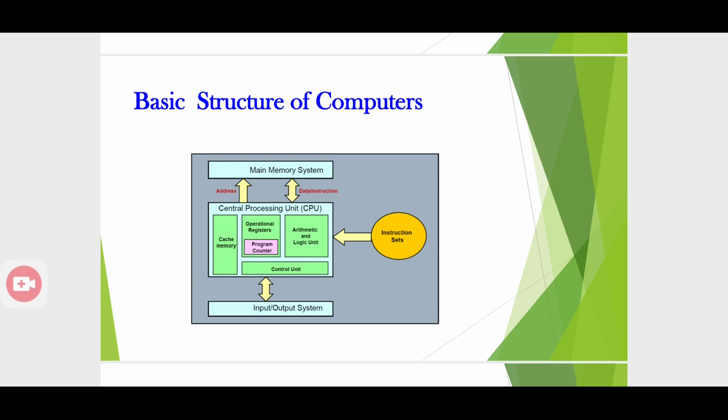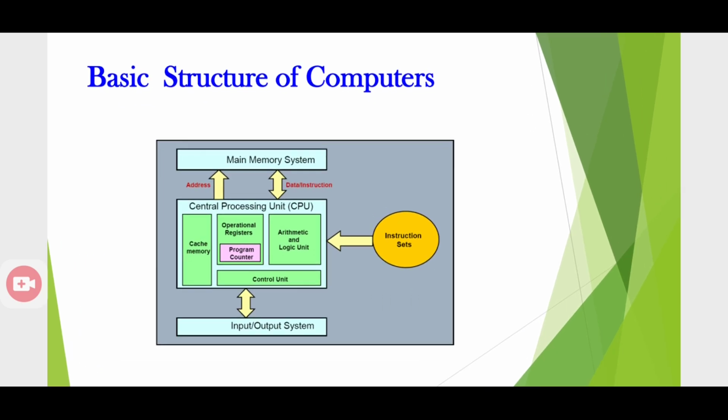Okay. And next, what is the basic structure of a computer? This figure shows the basic structure of a computer. You can see in this figure, we have a main memory system, a central processing unit, as well as an input-output system.